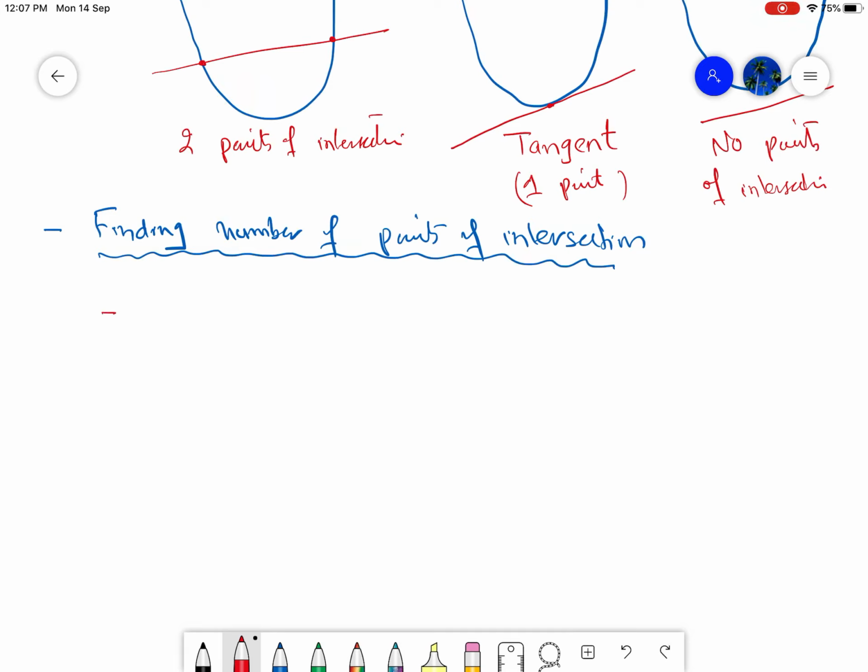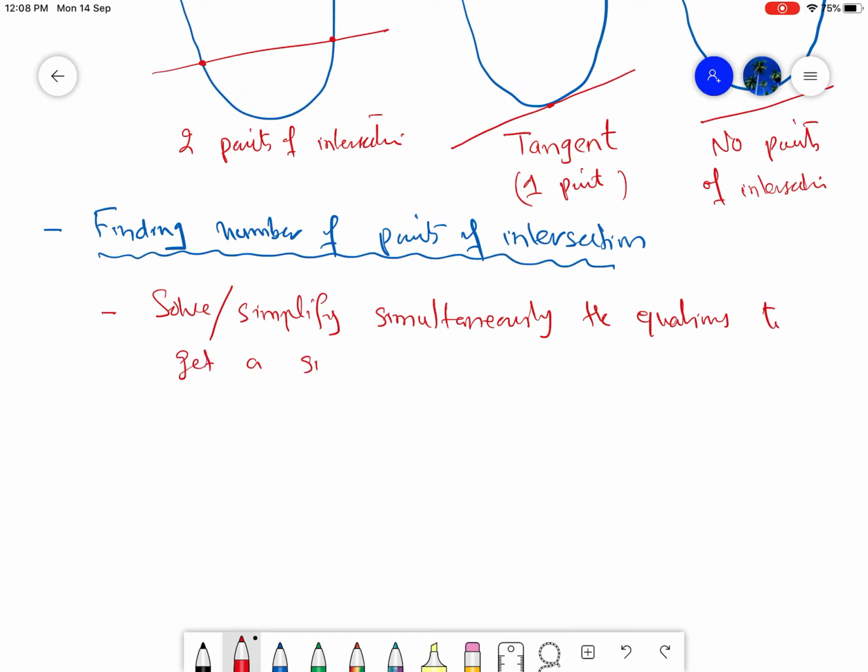So first of all, you need to simplify simultaneously both the equations, where one is linear and the other is quadratic, to get a single function.